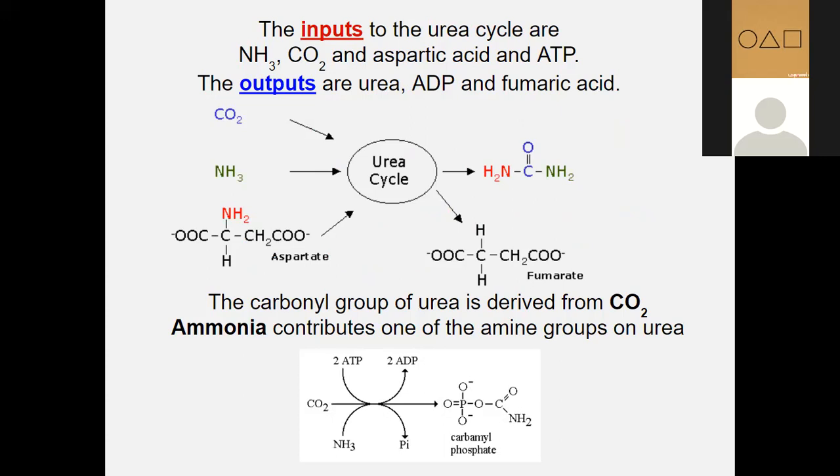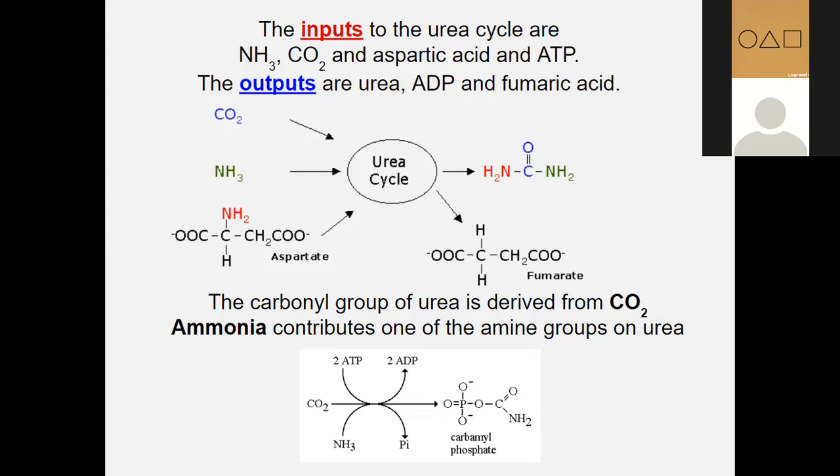Okay? How do we remove the amines in the blood? So the inputs to the urea cycle are ammonia, carbon dioxide, aspartic acid, and ATP. And the outputs will be fumarate, adenosine diphosphate, and urea. Okay.